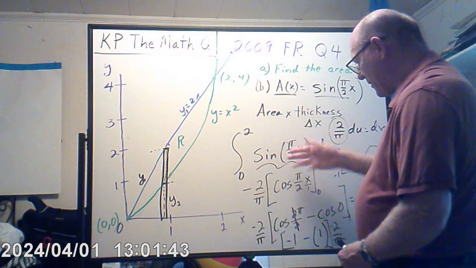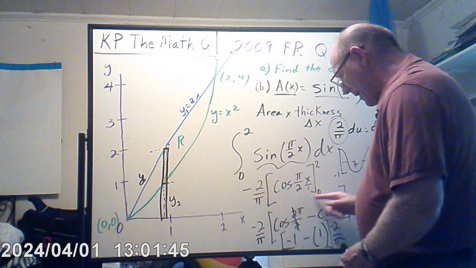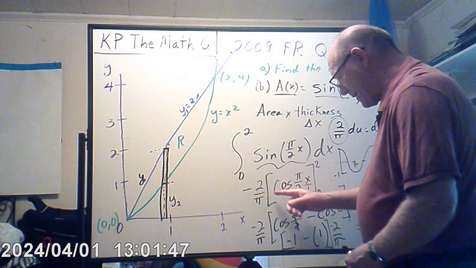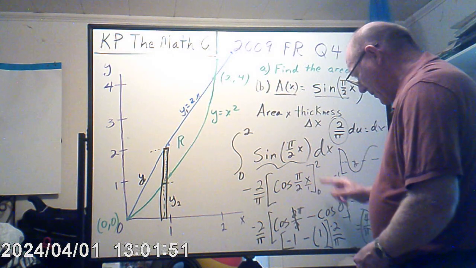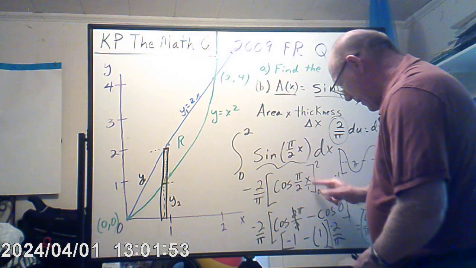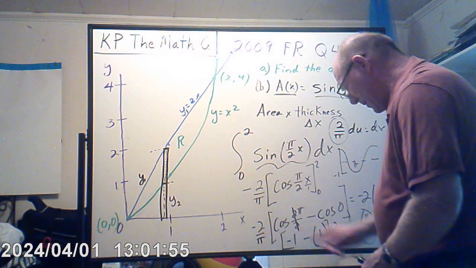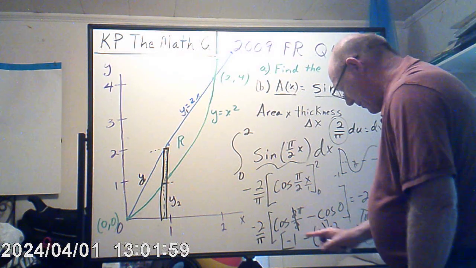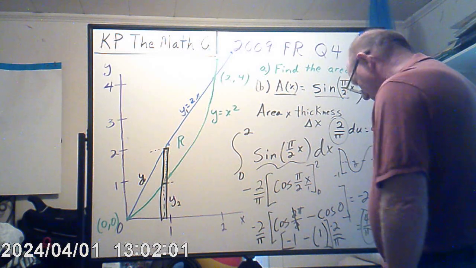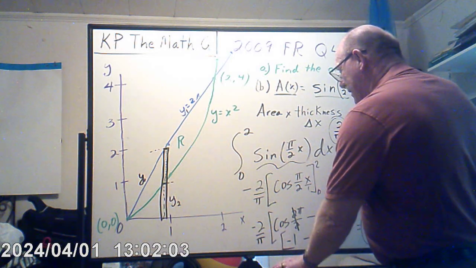Flip that over, get the antiderivative of sine, which is negative cosine, put the negative right here, plug in the two numbers, and use the fundamental theorem of calculus to figure out the final answer. So 4 over pi is B part.